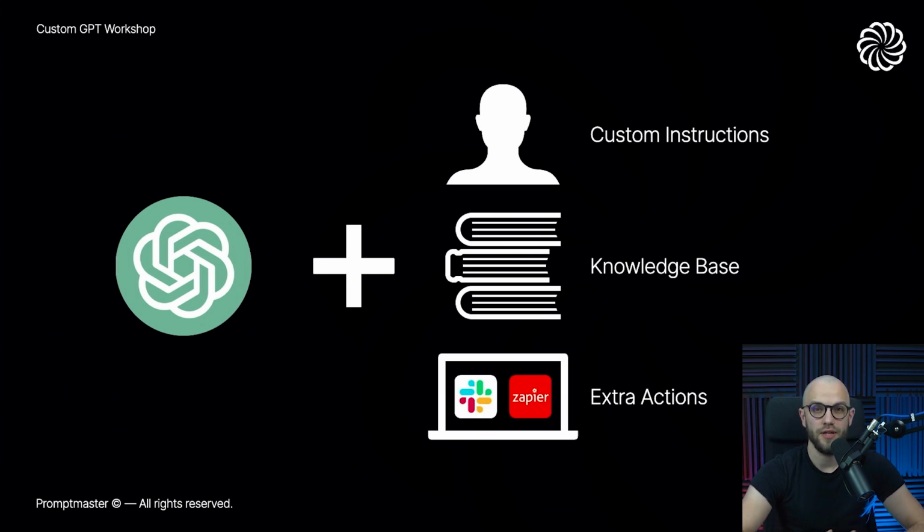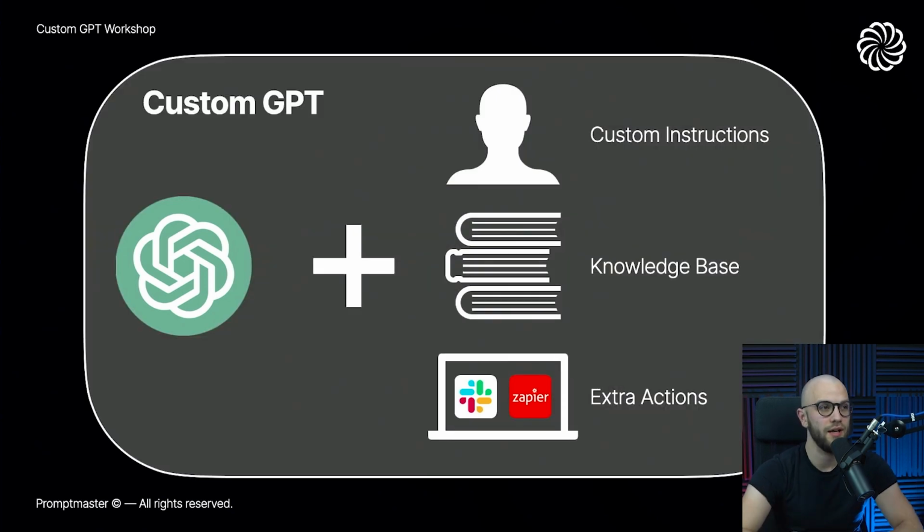And you can also create extra actions, for example, with Zapier or Slack or any other API that you can program into the custom GPT. So the custom GPT can do things that a normal ChatGPT cannot do by itself. All of these together are called custom GPTs.